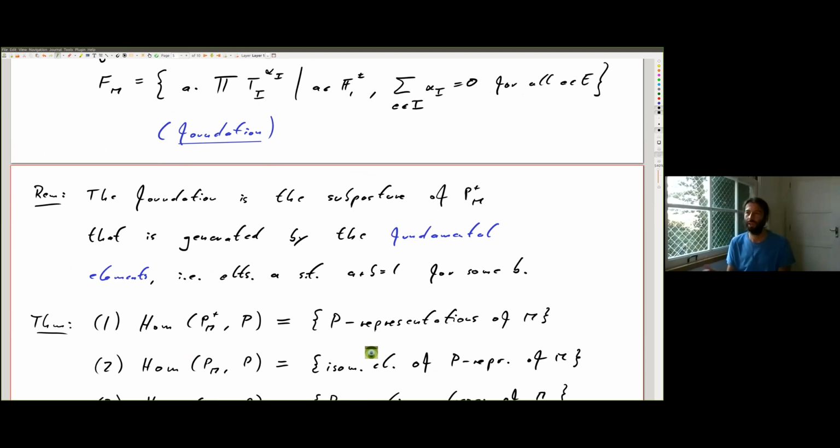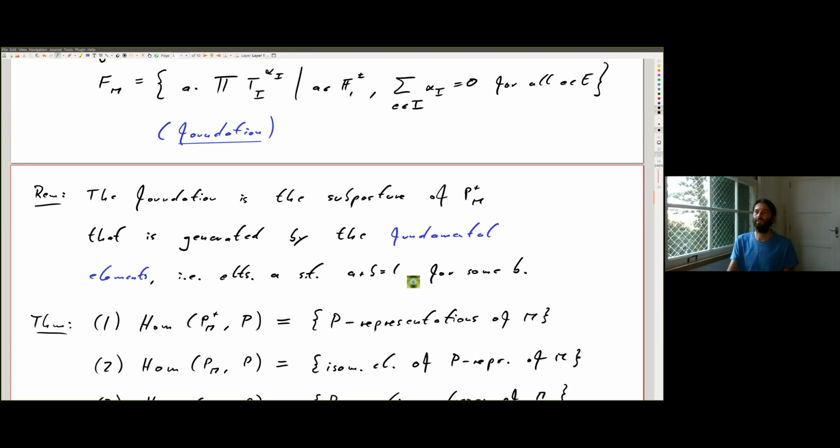It's a wordplay, obviously, but it's derived from the fact that the foundation is a subpasture of Pm plus, or of Pm, that's generated by the fundamental elements in the sense of Semple and Whittle, which are elements A such that A plus B equals 1 for some other element B. This was a notion that was developed for partial fields, and which has really a fundamental character to study matrix representations over partial fields.